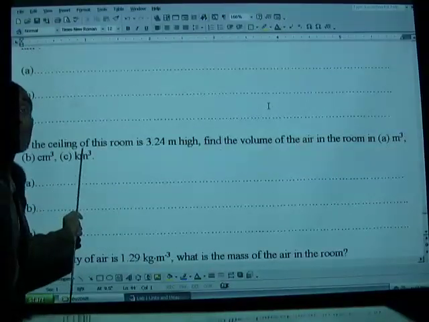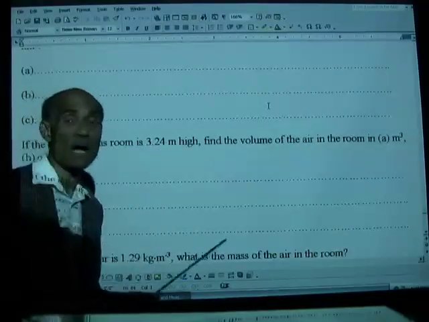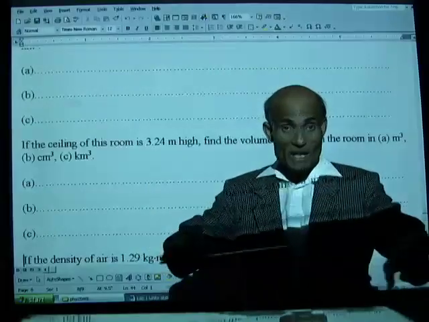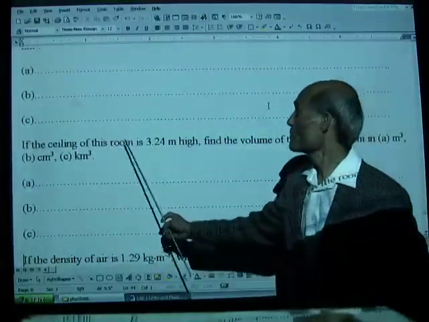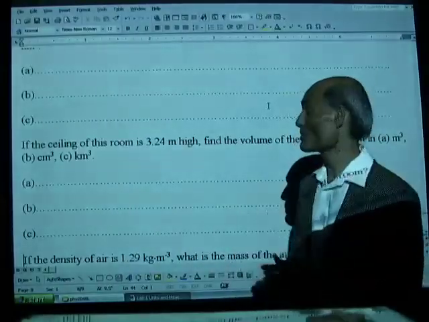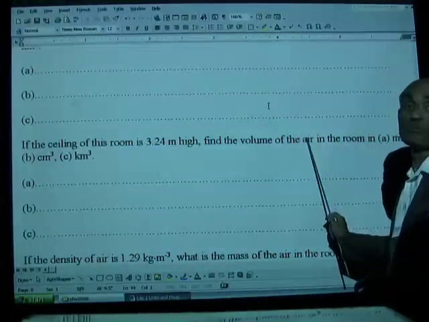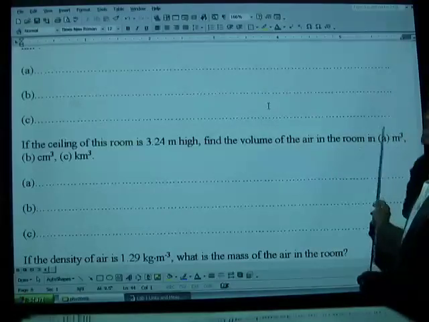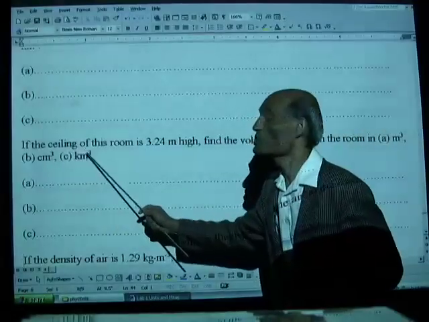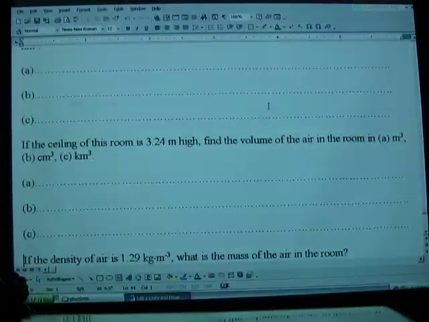And if the ceiling of this room is 3.25 meter high, well, you know the area of the room. If you now multiply it with the height, you get the volume of the room. Express the volume of air in the room in meter cube, centimeter cube, and in kilometer cube.